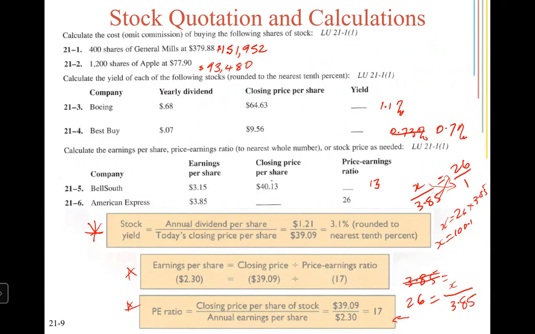Let me double check here. 26 times 3.85 is $100.10. So the PE ratio is the one we'd put as a whole number, but this one we'd leave in dollars and cents.